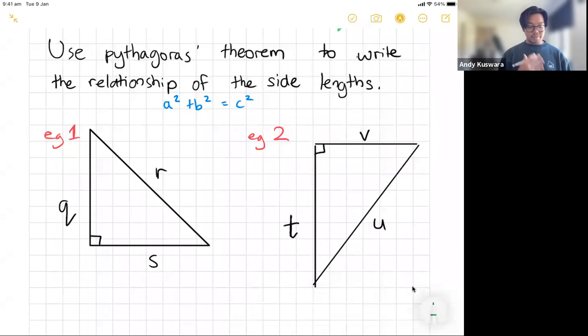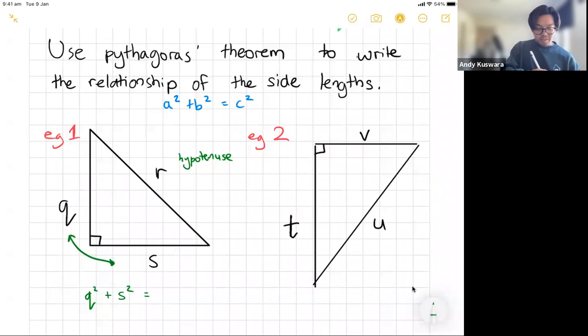For the first one, I want to add the two shorter sides. What are the two shorter sides? Q and S, because R is my hypotenuse, my longest side. So it's going to be Q squared plus S squared equals R squared. That would be how you write Pythagoras' theorem for this particular triangle.